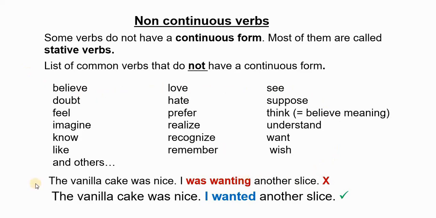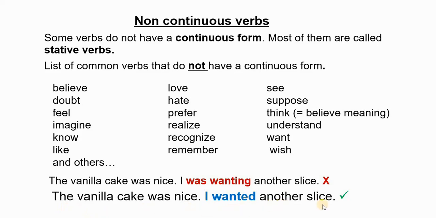For example, the vanilla cake was nice. I was wanting another slice. This is wrong. Okay, this is wrong because want. Remember guys that want is a stative verb, and stative verbs do not have a continuous form. Don't forget that. So another here, the vanilla cake was nice.